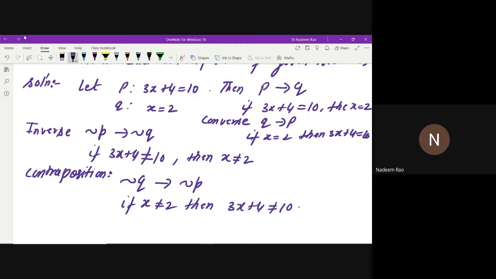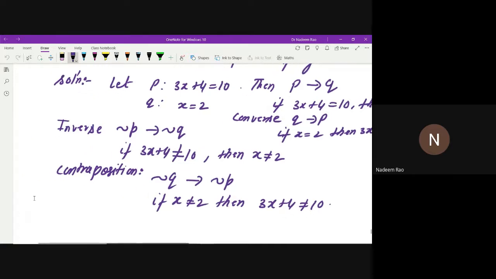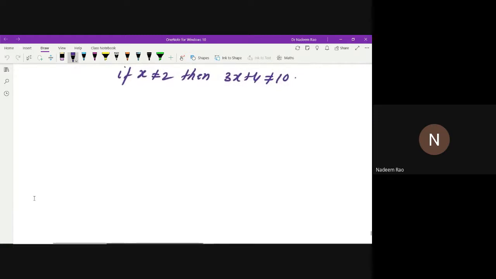Here I'm giving you another example for your home assignment. The contraposition of a statement S is given. Then write the statement S and its converse. It's a very good question.